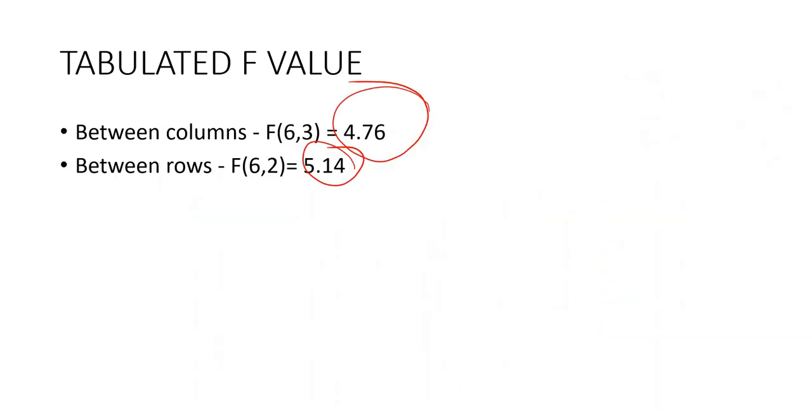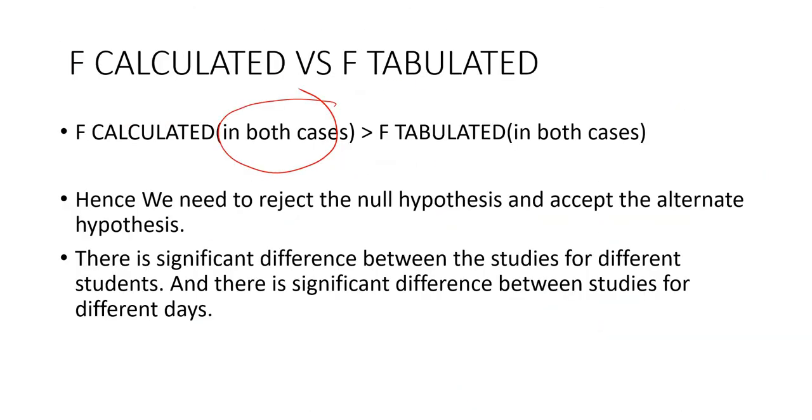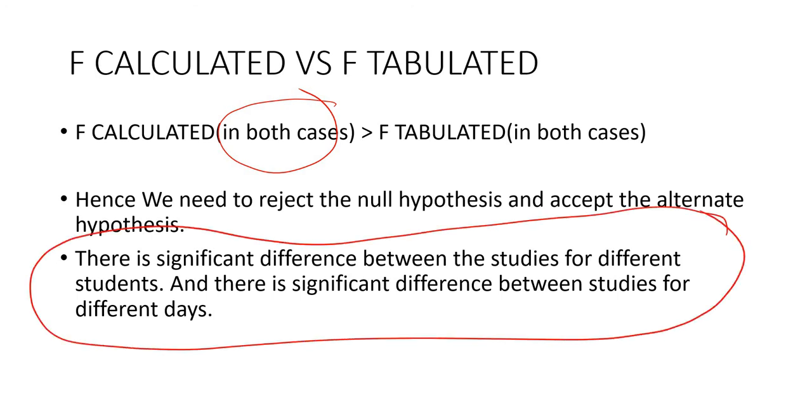Hence we need to reject the null hypothesis and accept the alternate hypothesis. That means there is significant difference between the studies for different students, and there is significant difference for different days. So this is the two-way ANOVA test, because we have two independent variables, students and days.